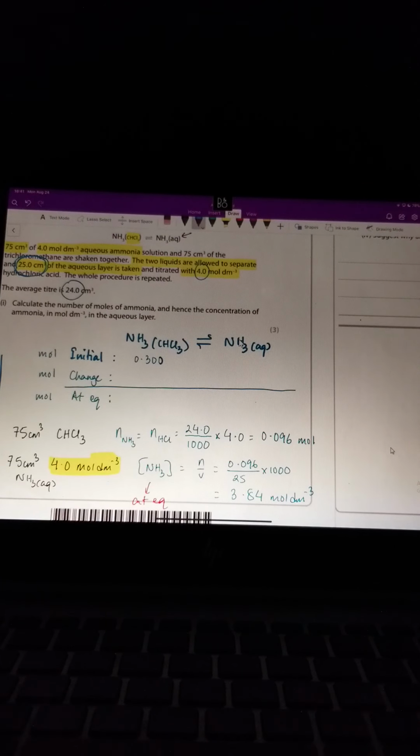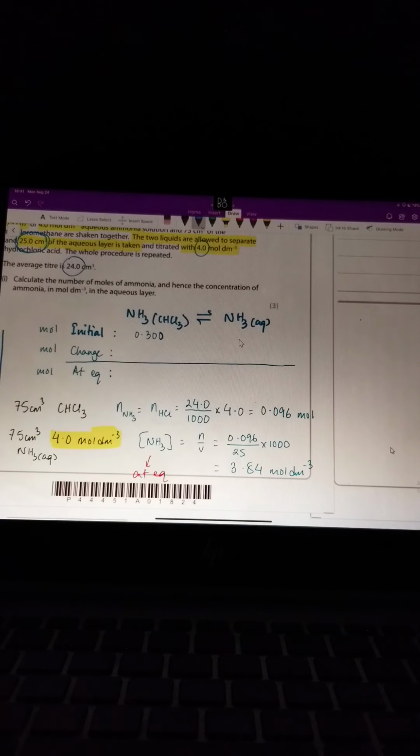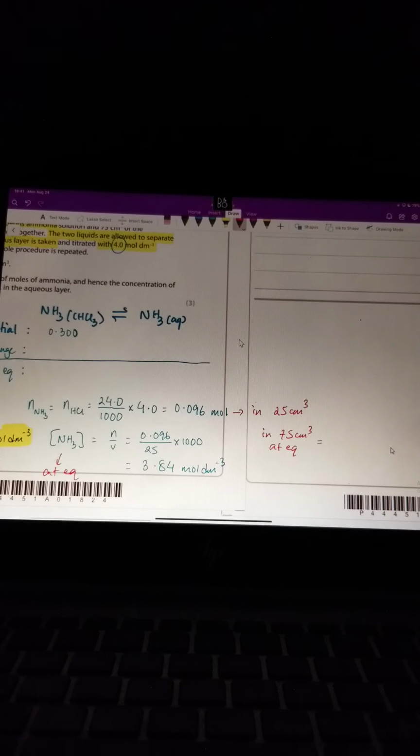So if this was the amount in 25 cm3, in 75 cm3, how much do I have at equilibrium? Into 3. Do we agree?